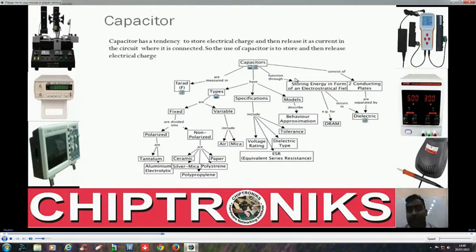So at t equal to 0 the current will pass through the capacitor, whereas later on the capacitor will block that current because the capacitor gets charged. This is a very good utility, because the current passes initially, but later it cannot pass because the capacitor is fully charged.